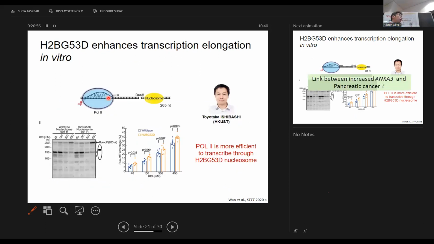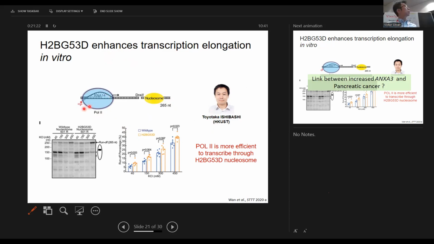We wanted to further confirm that transcription is indeed higher in the mutant cells, so we performed an in vitro transcription elongation assay. Again in collaboration with Toyotaka, they performed this assay using purified wild-type or mutant H2B nucleosomes and human polymerase II.